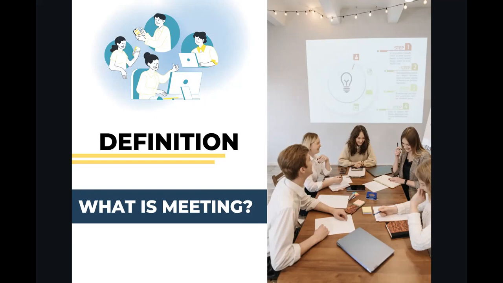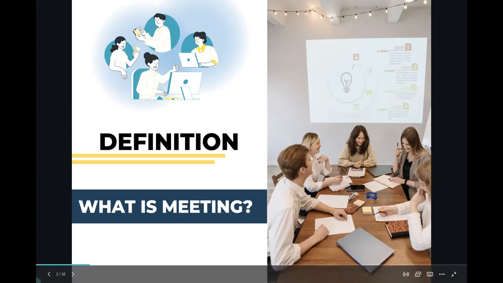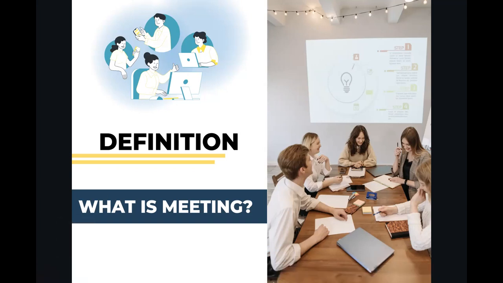However, this chapter will be limited to corporate meetings. Corporate meetings are the coming together of two or more individuals from the same organization, but may come from different departments, branches, or countries. Next.